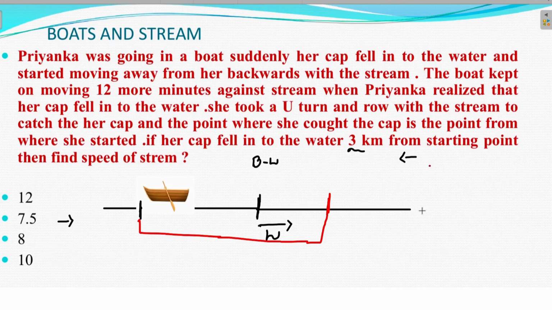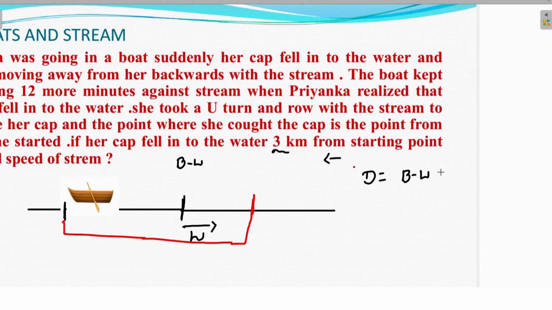In 12 minutes I need to find out the distance. In 12 minutes the boat is traveling at a speed of b minus w, and the cap is traveling with a speed of w. This is the relative speed, because both are traveling like this.